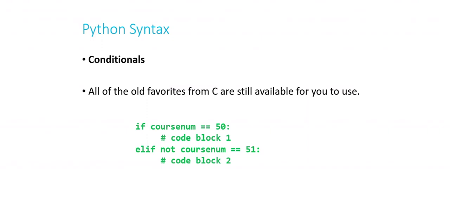And again, instead of using course num not equal to 51, we can do elif not course num equals 51. Again, it's a little bit of a twist, but we can use these English words. We're not having to use the exclamation point symbol, the vertical bar symbol, the ampersand, all of that sort of junk, and we can just start to speak English almost in Python.